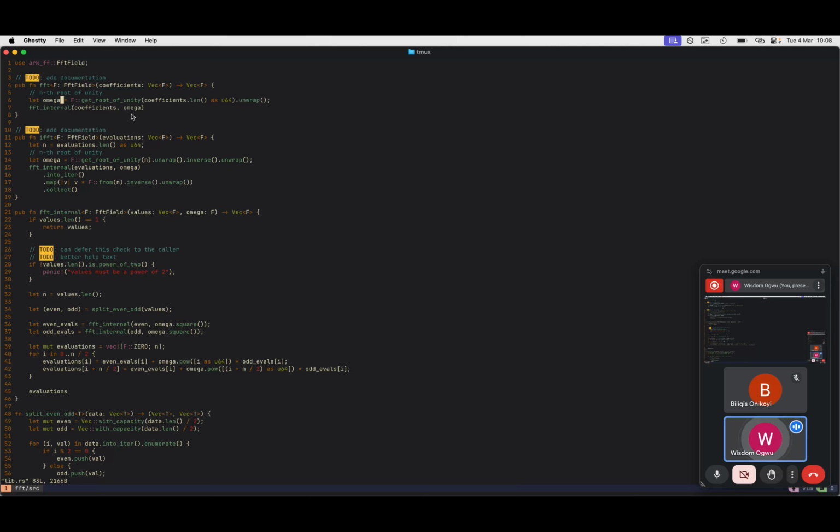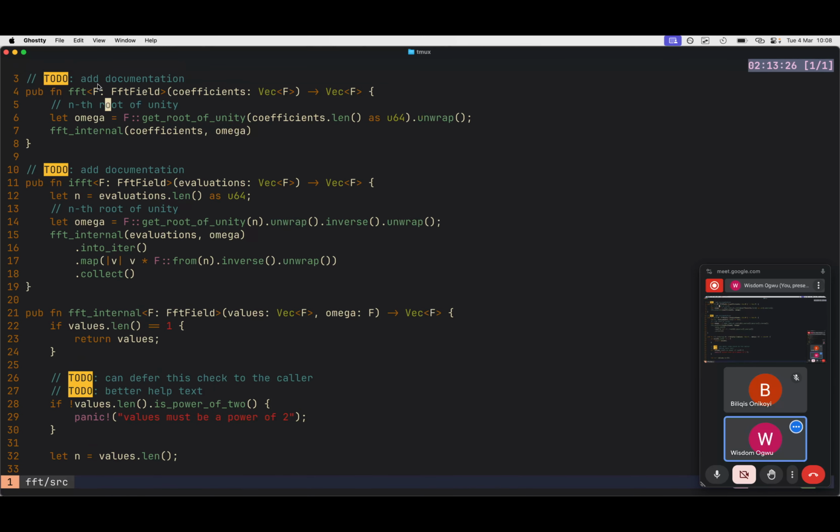So this is Arkworks. Can you guys see this? You know how you have prime field, right? There's another one called FFT field. FFT field is also a prime field, but it has a new function in it called get roots of unity.